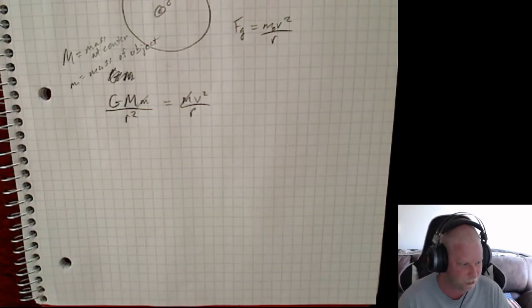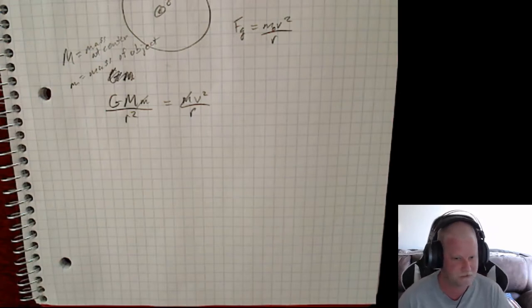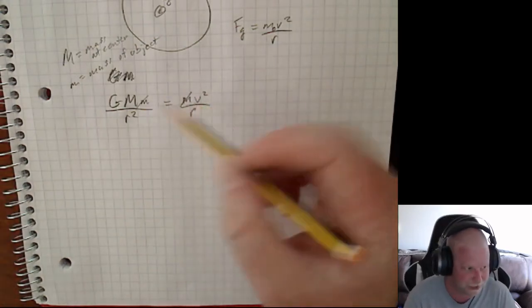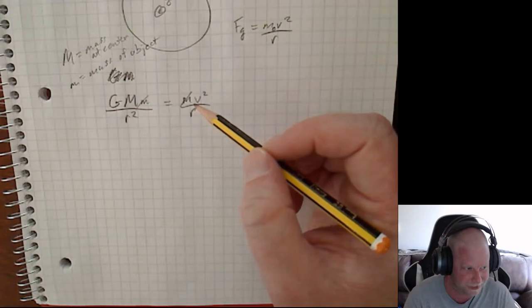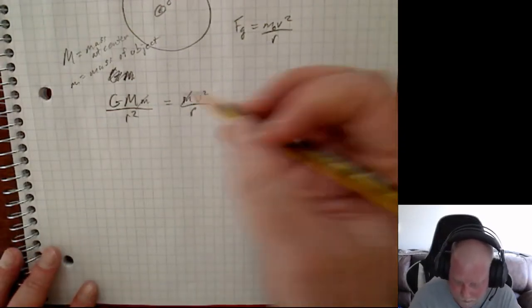So the mass of the orbiting body has no effect on the orbital speed. Right? It doesn't matter if you have an International Space Station out in orbit, or if you have, I don't know, a tennis ball. Right? The mass of the object itself plays no part in determining the speed of your orbit.